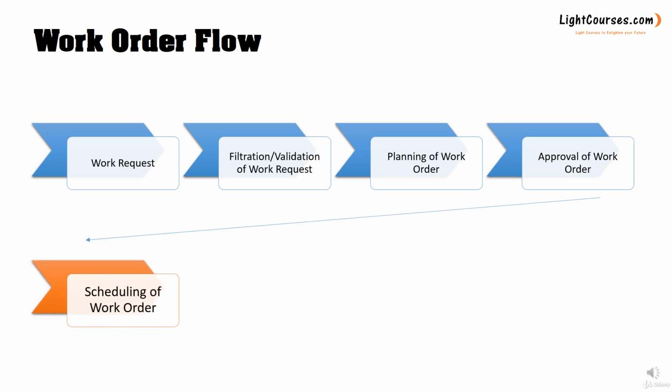Once the work order is ready, planned, and approved, it should be scheduled. If it needs, for example, a stoppage of the equipment, the planner, or the scheduler, has to arrange it. The scheduling job might be combined with the planning job in one function, or it might be separated into two different functions with two different people or teams.